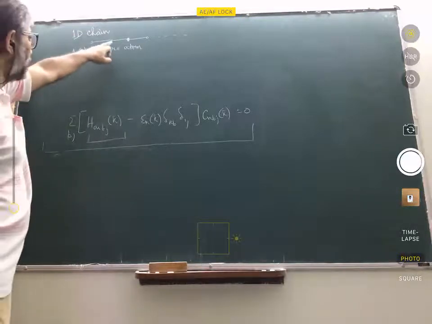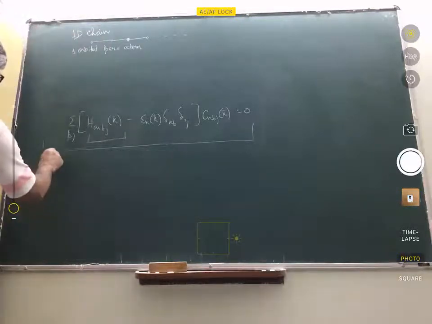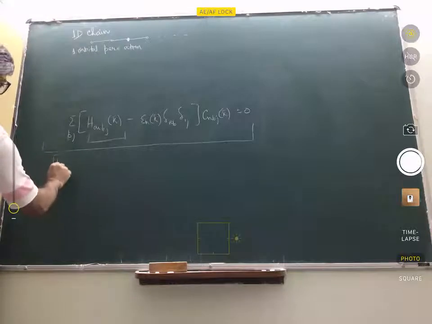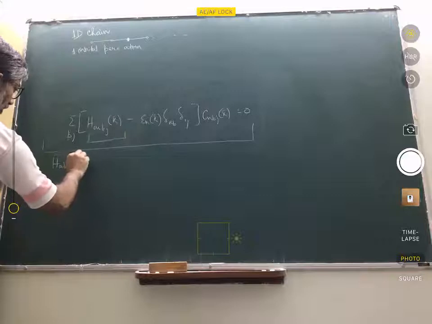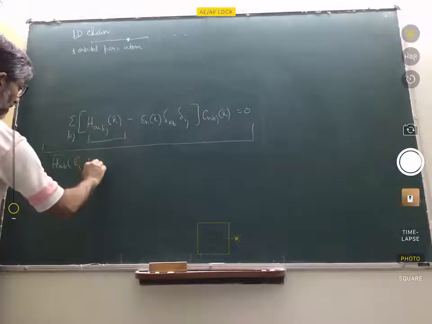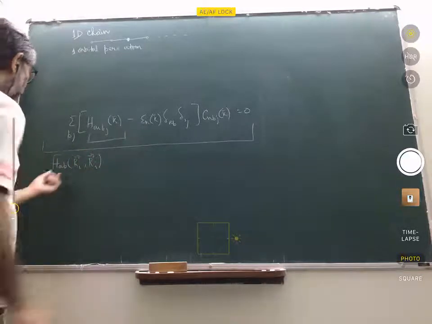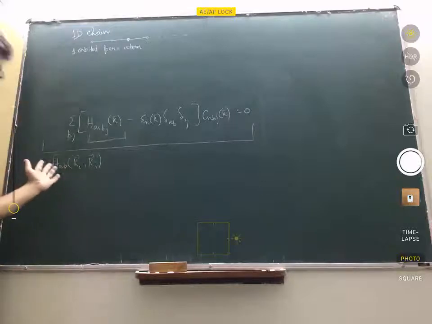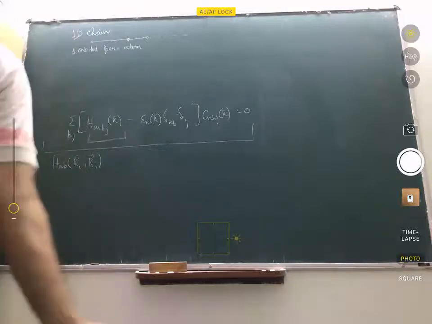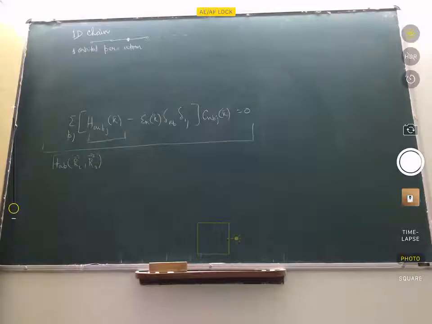Because I have one orbital per atom, in the Hamiltonian matrix elements that I had written earlier, H_AB at Ri, Ri, A has to be equal to B because I only have one orbital per atom. So there are no on-site or intra-atomic off-diagonal terms. Intra-atomic here would mean diagonal terms because A has to be equal to B. There is only one orbital per atom.